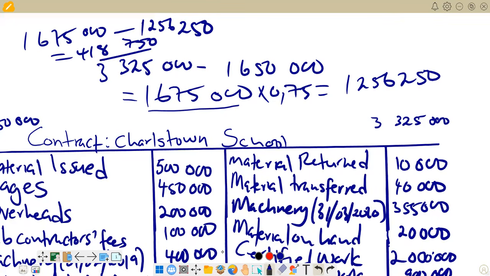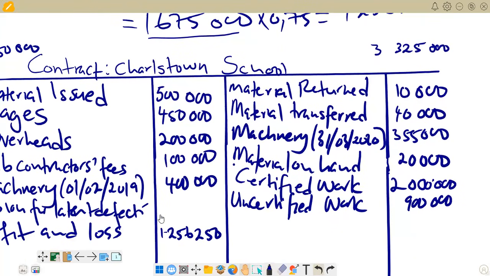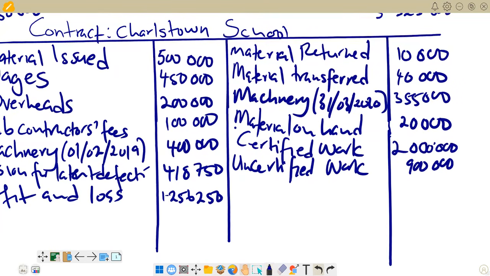So we come here now and enter that one as provision for latent defects, 418,750. So that is what we have here. And then obviously the totals, we are going to put some double lines there, and then we put the totals that we have for the debit and credit.